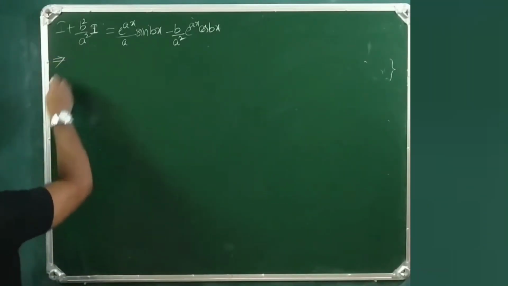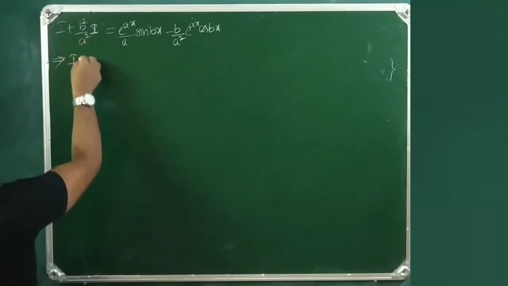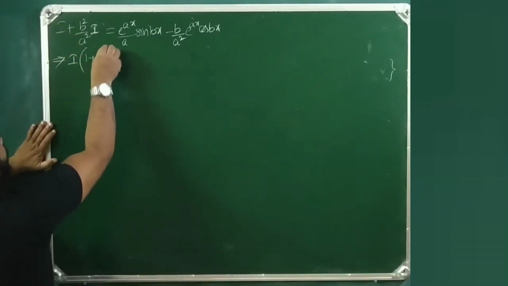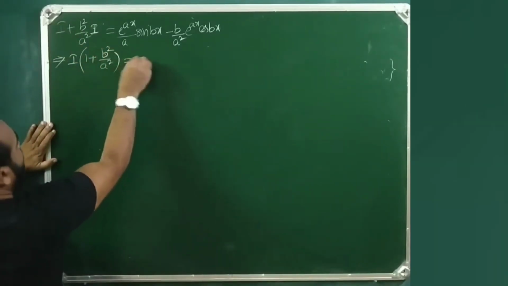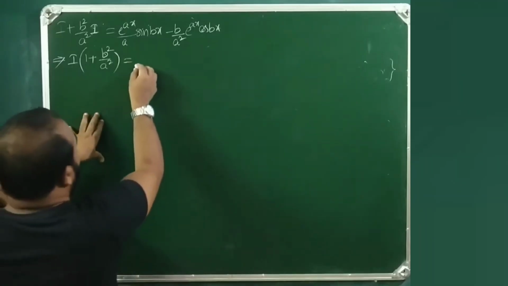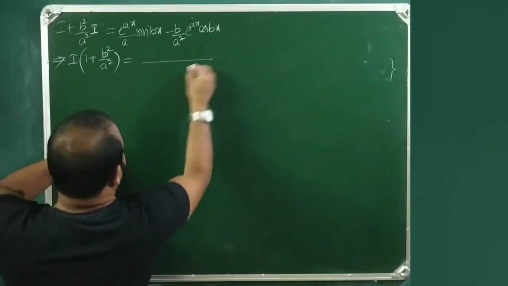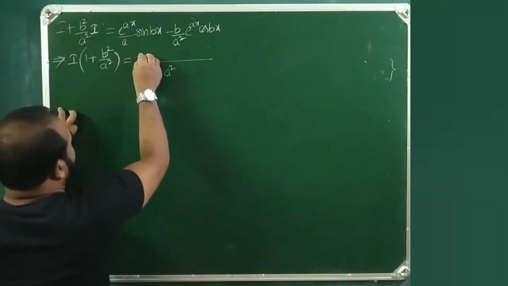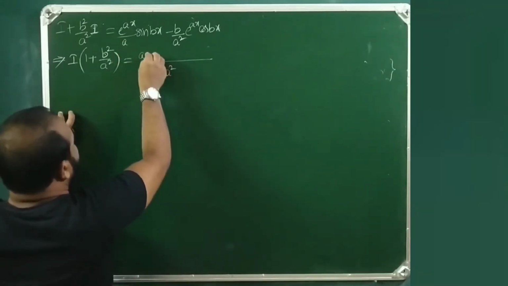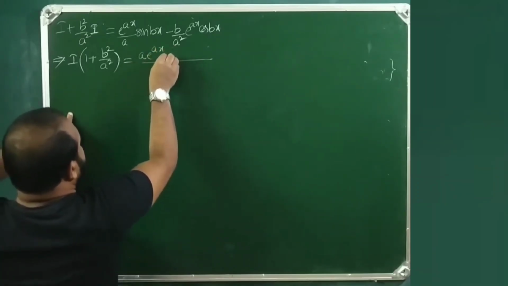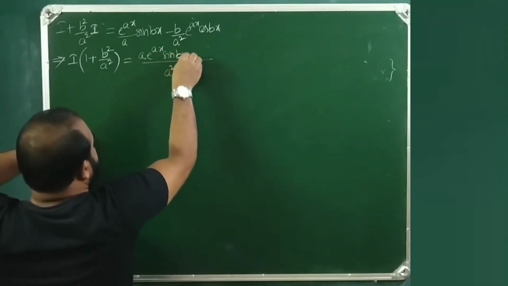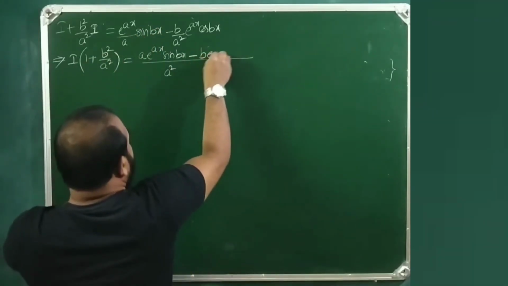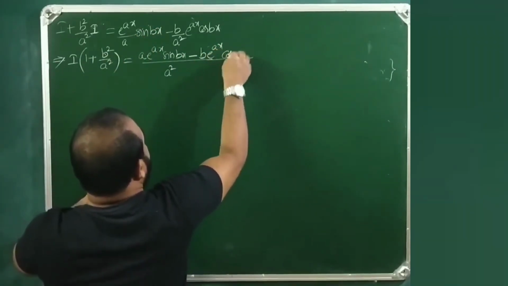Take I common in both of them, then its quotient is 1 plus b square by a square, is equals to, here LCM is a square, a e power ax sin bx minus b into e power ax into cos bx.